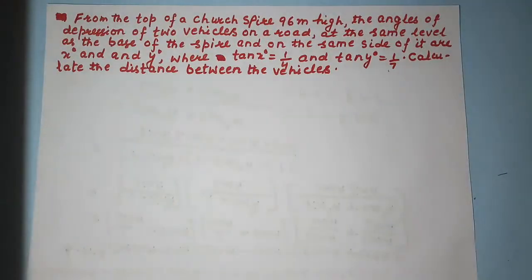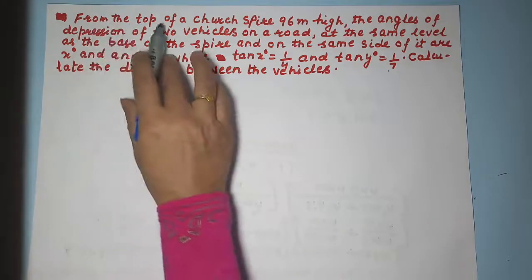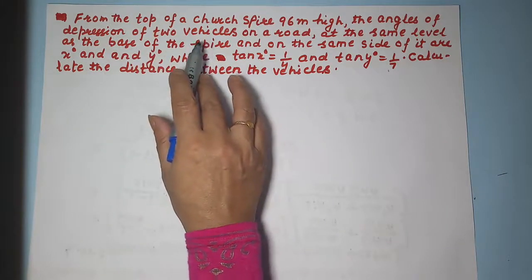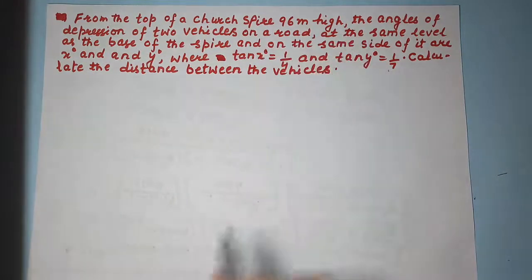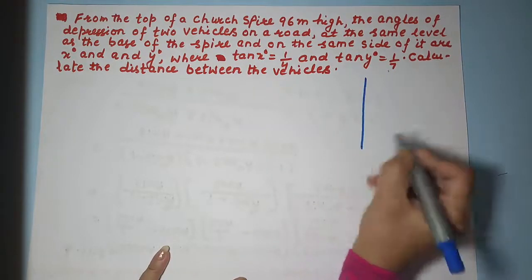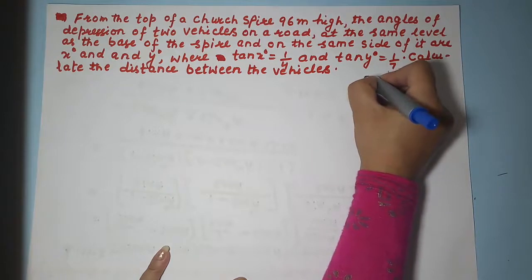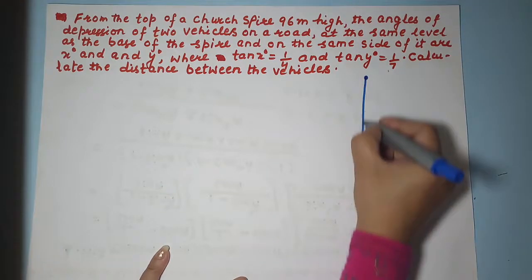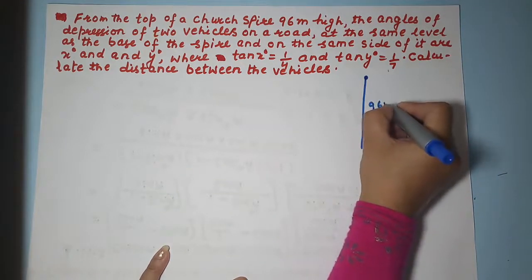Now, next one. From the top of a church spire, which is 96 meters high. So, this is the church spire, and now this entire thing is 96 meters high.